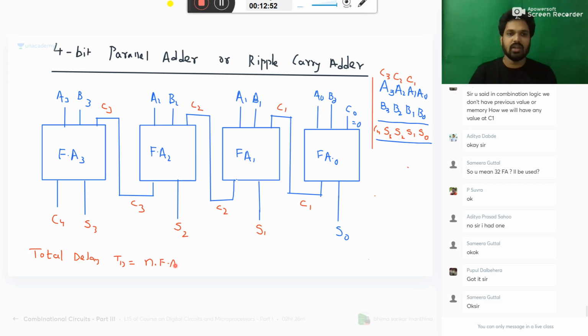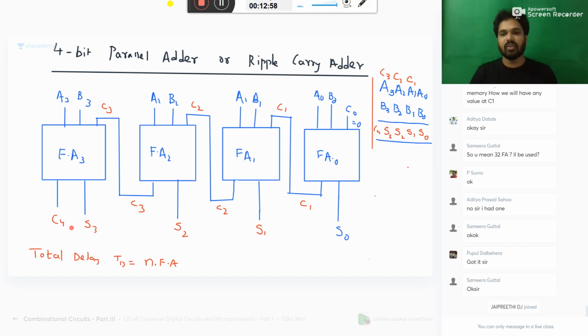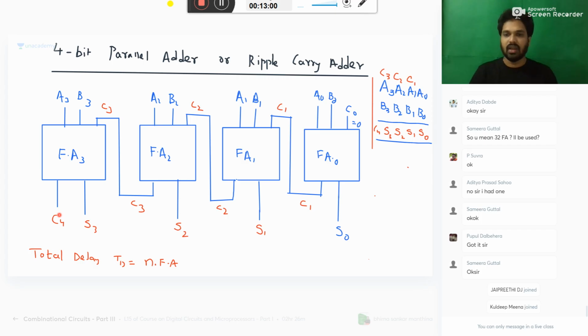N times the delay of each full adder. Will you accept it? So 1 delay for this, 2 delay for this, 3 delay for this, 4 delay for this, finally getting the output. N times the full adder, each full adder requires some x. So you can say the total delay will be n x. Yes or no?